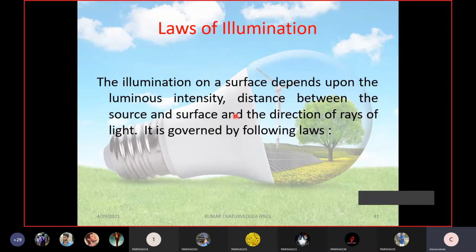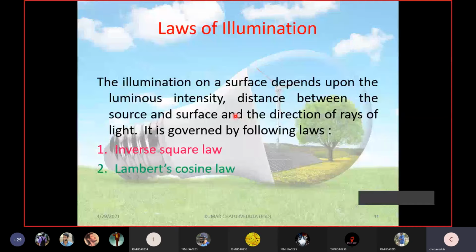So the parameters required for determining these two losses are luminous intensity I, the distance between the source and surface, and the direction of the light rays.